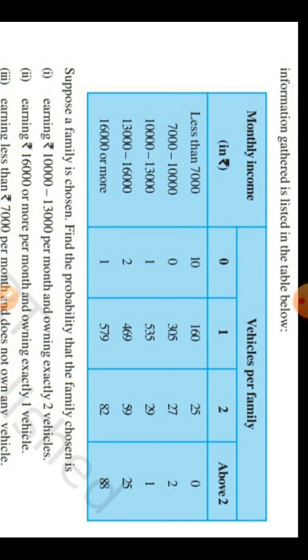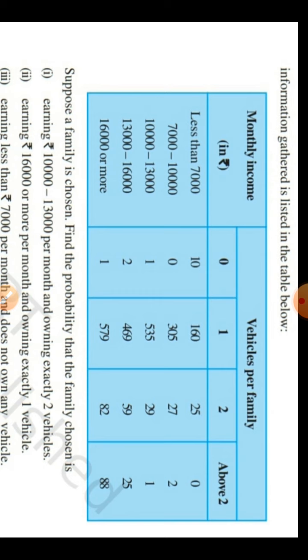Two criteria are considered: income and number of vehicles per family, not individual. There are 5 income groups: less than 7000, 7,000 to 10,000, 10 to 13,000, 13 to 16,000, and more than 16,000. Vehicles: either no vehicle, one vehicle, two vehicles, or more than two vehicles.